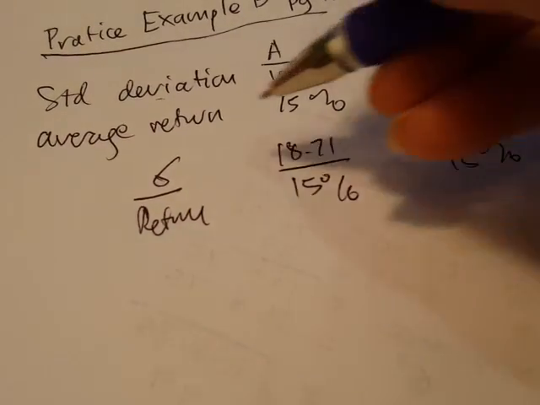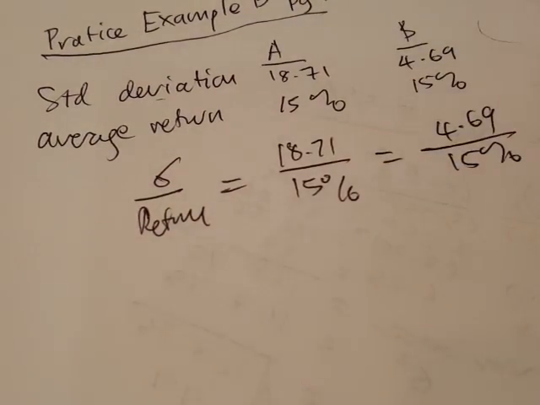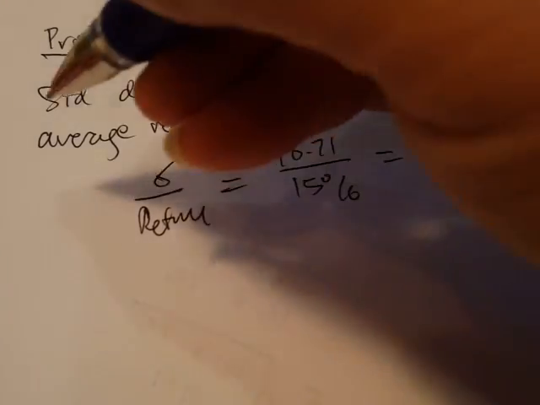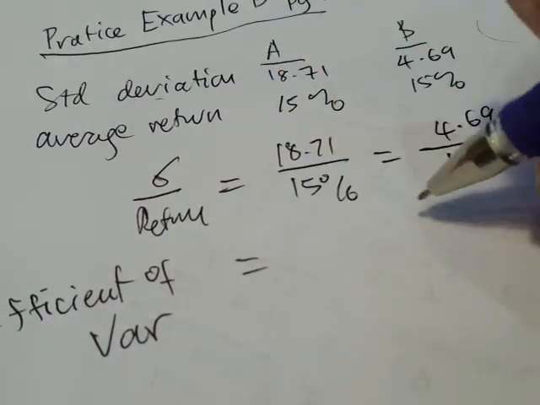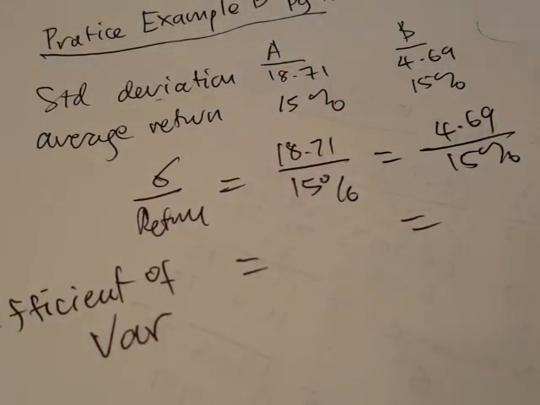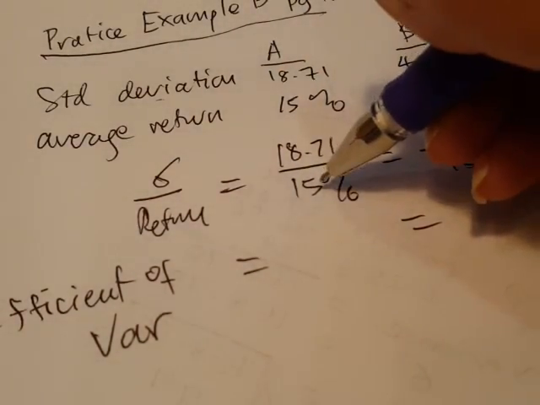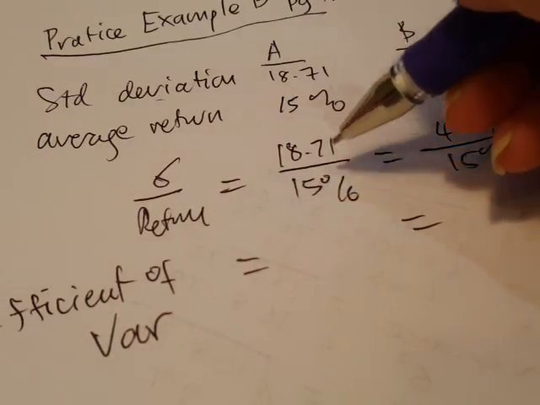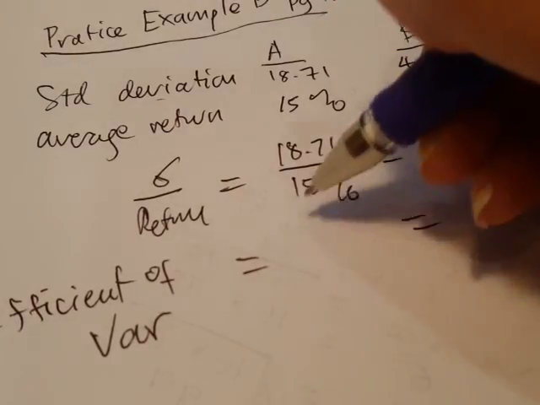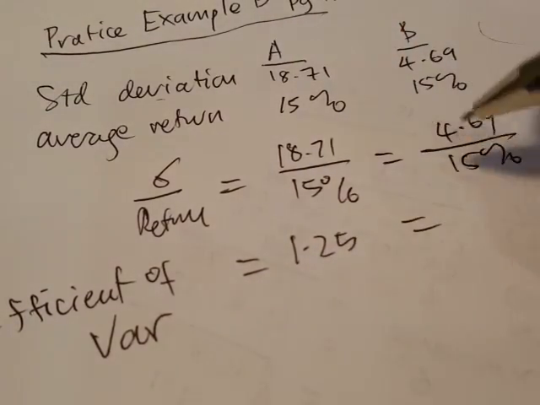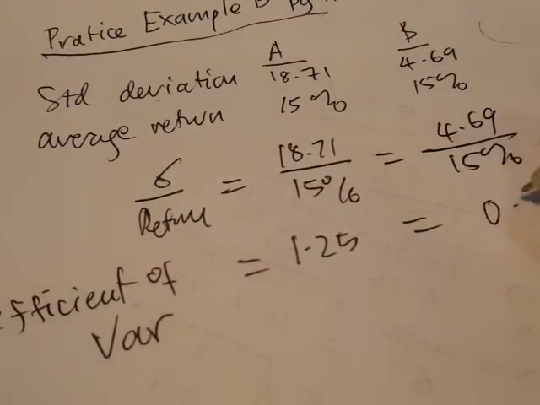This is what we call the coefficient of variation. Coefficient of variation measures, for every 1% return you invest, what is the level of risk you are exposed to. If you solve this, you get 1.25. You solve this, you get 0.31.